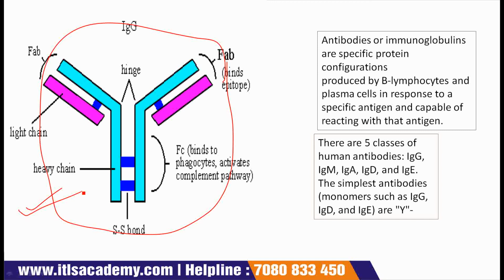Serology refers to using antigen-antibody reactions in the laboratory for diagnostic purpose. Its name comes from the fact that serum, the liquid portion of the blood where antibodies are found, is used in testing.